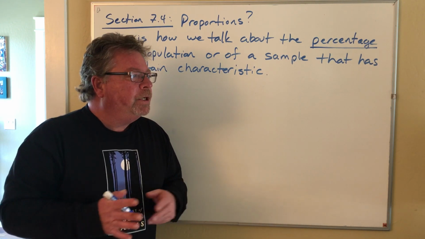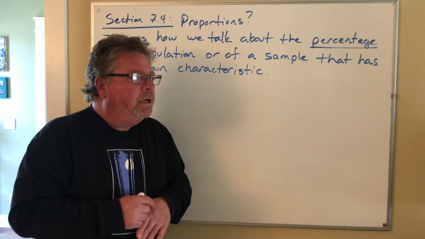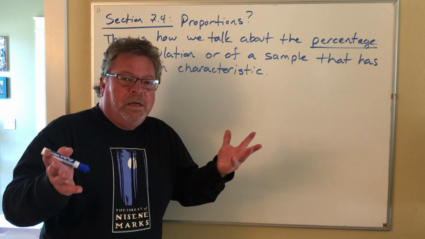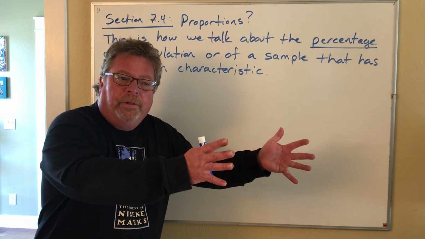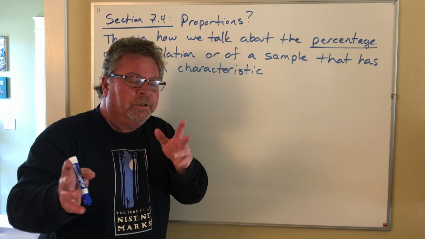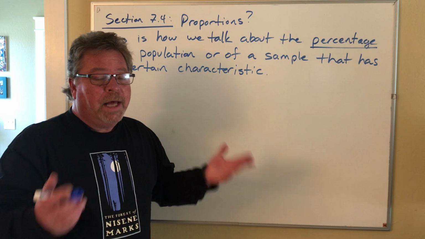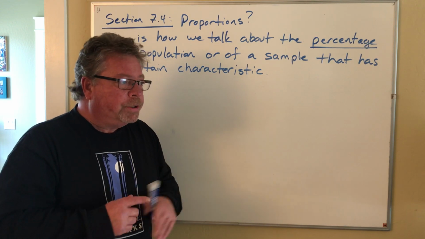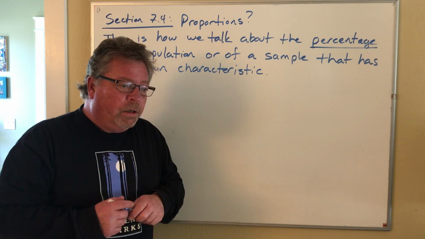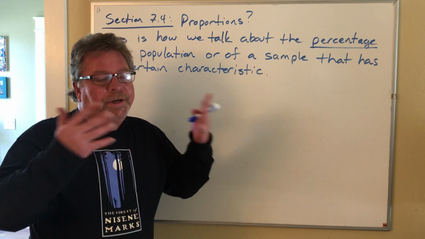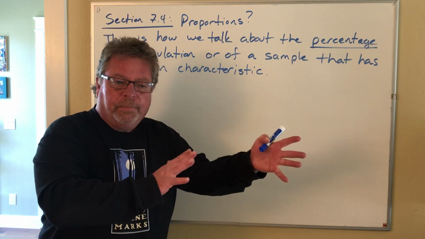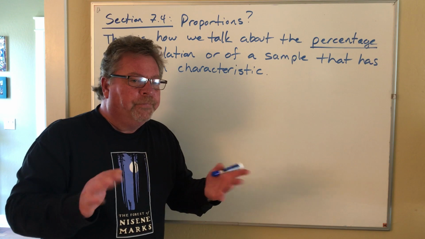Or maybe we ask the question, what percentage of people in a city rent their home or own their home? So these are questions about percentages, what statisticians call proportions. And as always, we're going to differentiate between a population and a sample. That should come as no surprise.